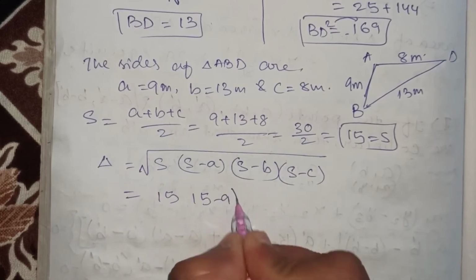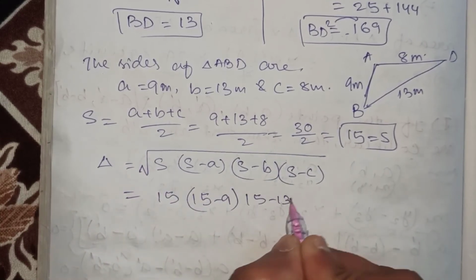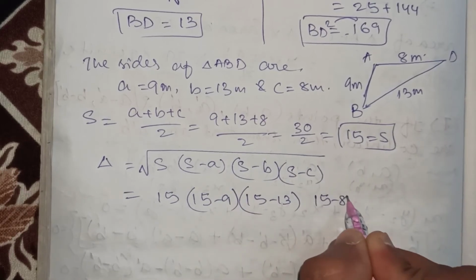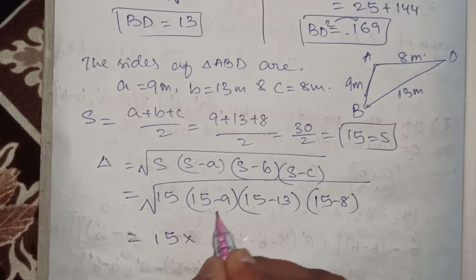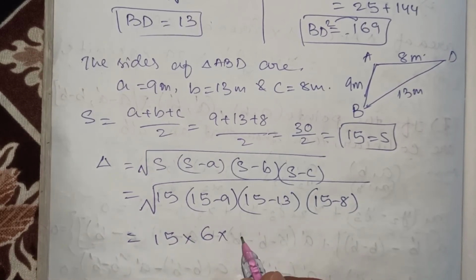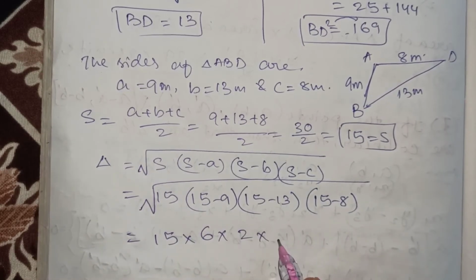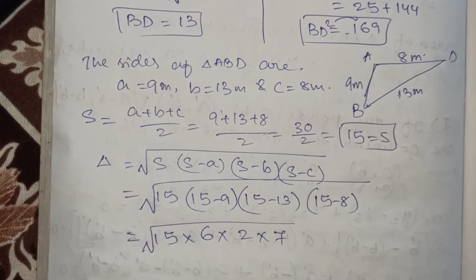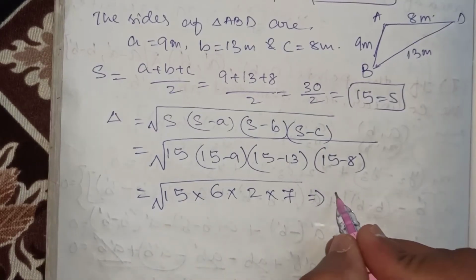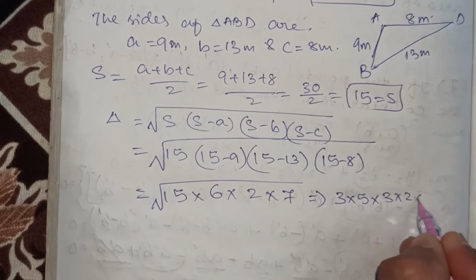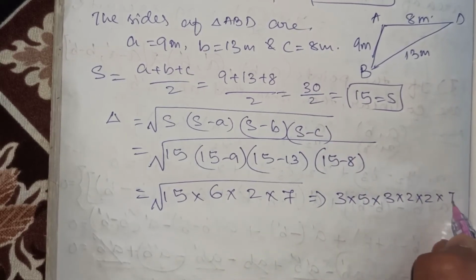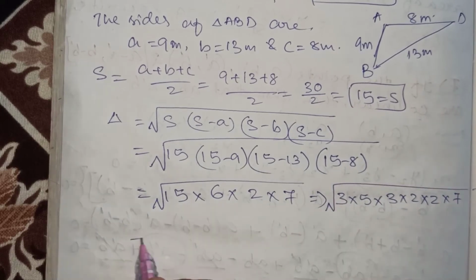So 15 minus 9, 15 minus 13, and 15 minus 8, square root of 15 into (15 minus 9 is 6), (15 minus 13 is 2), and (15 minus 8 is 7). Okay, so 15 can be written as 3 into 5, 6 can be written as 3 into 2, multiplied by 2 into 7, square root.